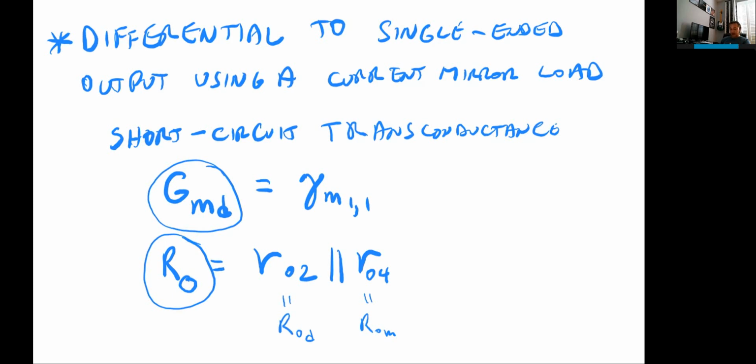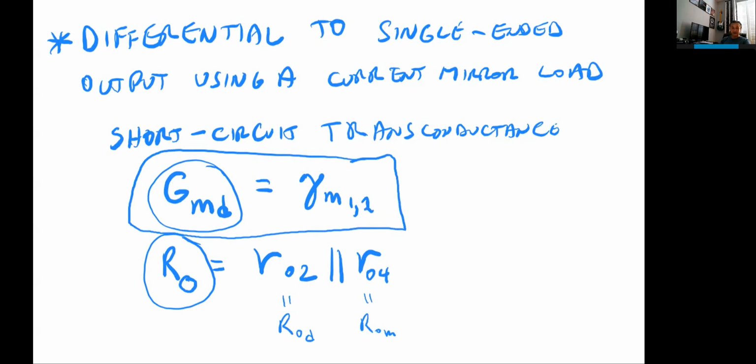And to do that, the derivation that is in the book that I didn't do is that for that abstraction, I'm going to have this GM, which is really going to be the GM of the amplifying transistors, the bottom two, the differential pair, and then an output resistance that is the parallel combination of the two transistors on the right, where the output is being taken.